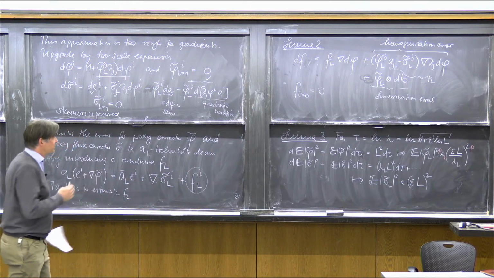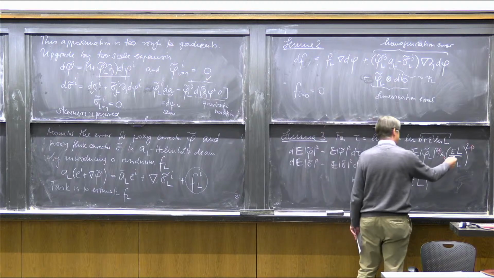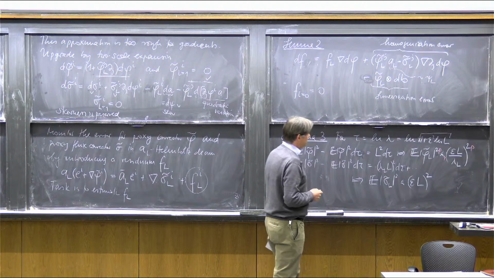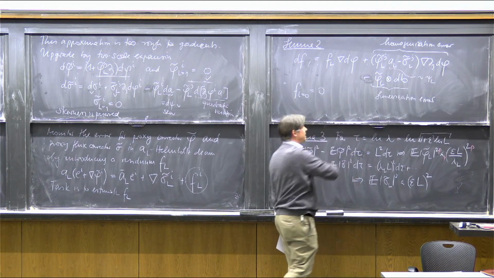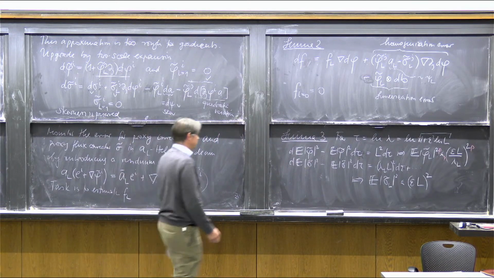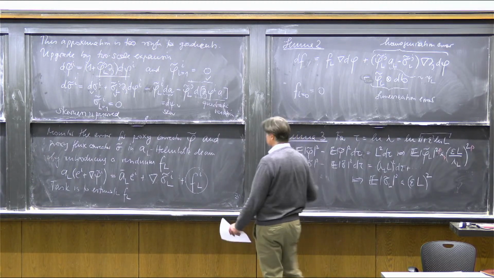So perhaps it's not so surprising that we need a better estimate on the phi tilde than on the sigma tilde, because the phi tilde gets multiplied with the coefficient field itself.